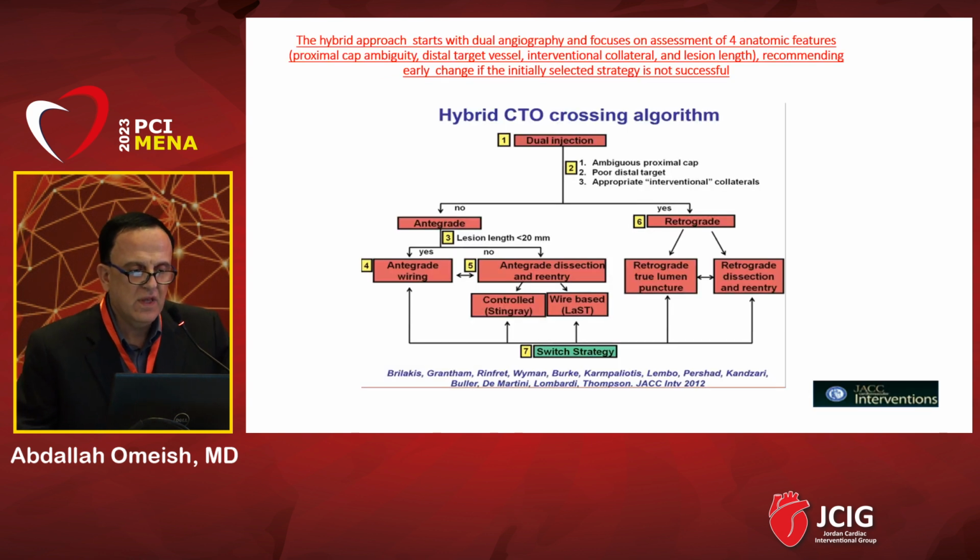This is the hybrid approach, which was set by a number of US physicians, in where they suggested 4 strategies to tackle the CTO. 2 of them are antegrade, the antegrade wire escalation and the antegrade dissection reentry, and 2 of them are retrograde. They recommend applying the antegrade as well as the retrograde interchangeably, and they believe that doing retrograde after long antegrade cases are outdated.